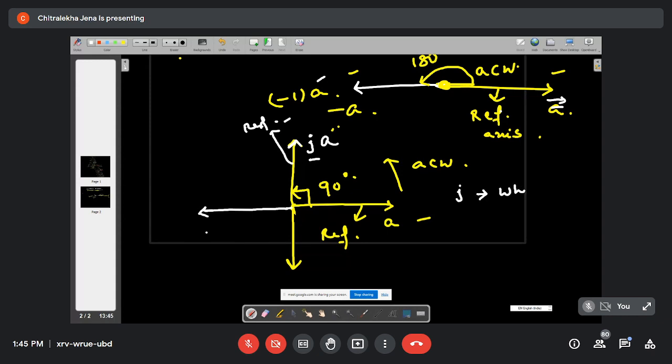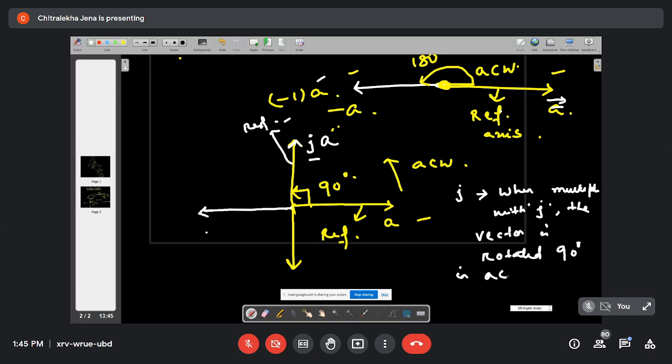When multiplied with j, how many degrees is the vector rotated? Tell me. 90 degrees. 90 degrees in the anti-clockwise direction from which axis? From its origin, its reference axis.